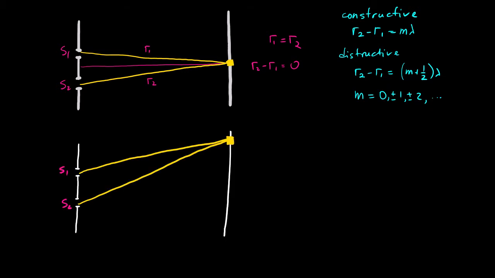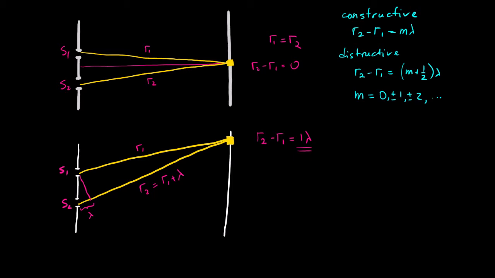If we consider the length of the path that comes from slit 1 as R1, then the path length of the second wave from slit 2 should be R1 plus lambda. So in reality, I could put a line in here, and this much should be a lambda. In this case, we have R2 minus R1 equals 1 lambda, which is also constructive interference.